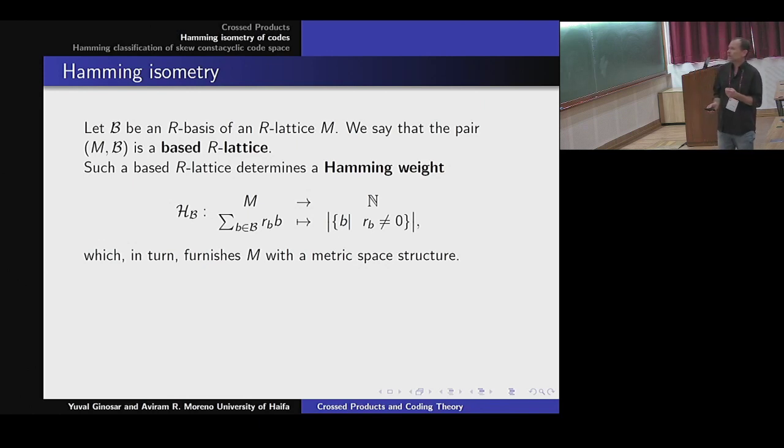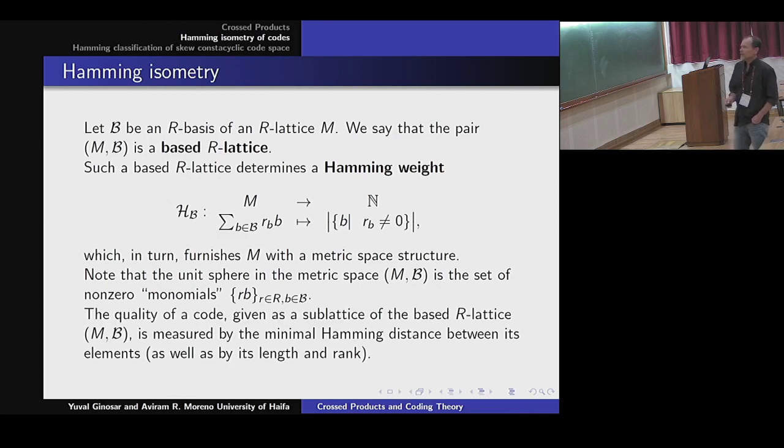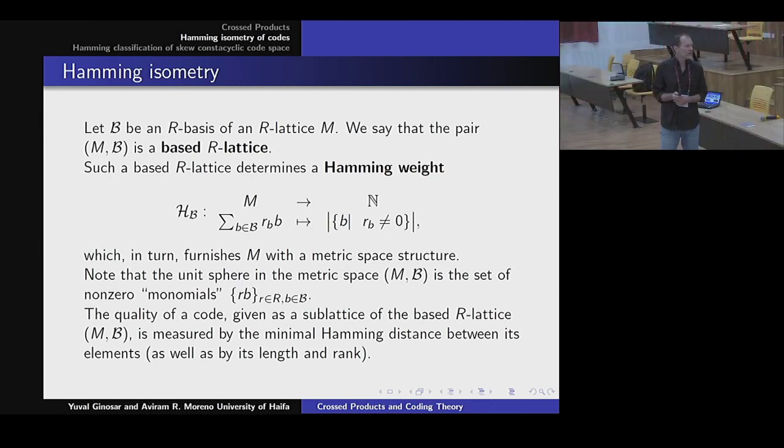This in turn furnishes M with a metric space structure. Note that the unit sphere in this metric space is the set of non-zero monomials, rb, where b is any base element and r is any element in R. The quality of a code, where I said good parameters, given as a sublattice of a based R-lattice is measured by the minimal Hamming distance between its elements.